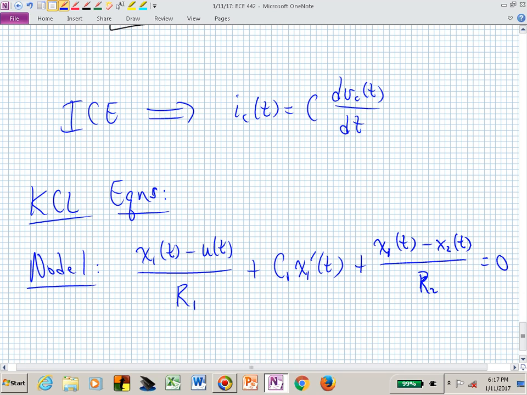And that's now all three currents going out of node 1, and we said those three, since they're all leaving, had to sum to 0. That's now one equation. It has a first-order derivative of x1. That's fine, and we'll be able to solve for that and actually get one state equation from that one equation.